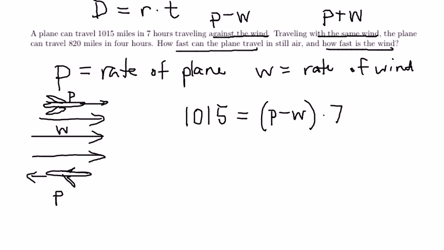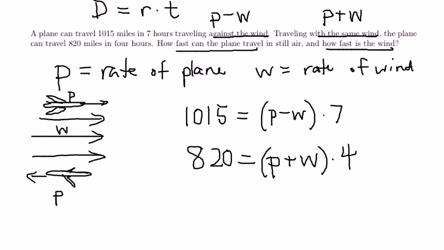And the other equation is going to be 820 miles, and the rate there is going to be P plus W, and we're going to accomplish that in 4 hours. So we have two equations and two variables. I'm not going to solve those equations because that's the topic of a different video. I'm just going to go on to two more word problems and set up the equations there.